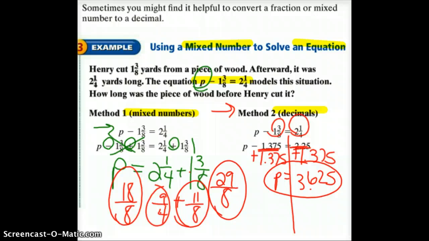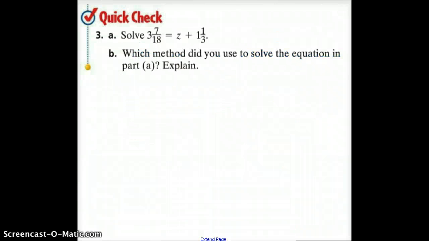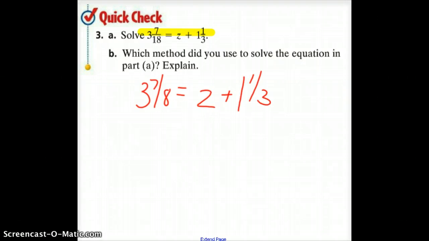All right. So we'll just do one more example, looking at this mixed number equation right here. 3 7/8 equals z plus 1 1/3. I'm going to rewrite the whole problem using improper fractions.